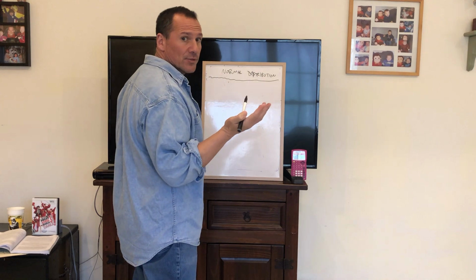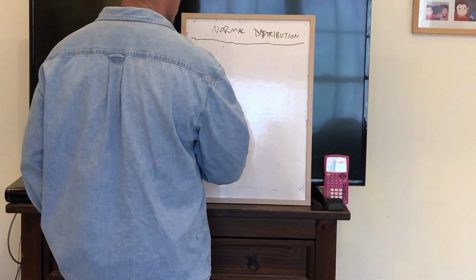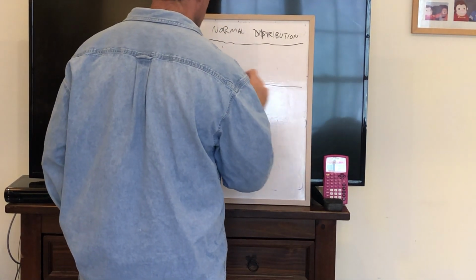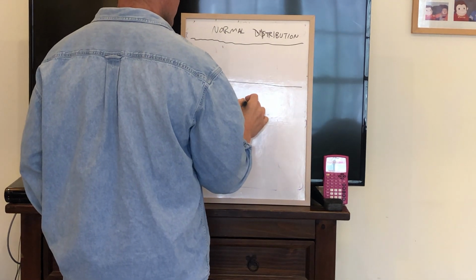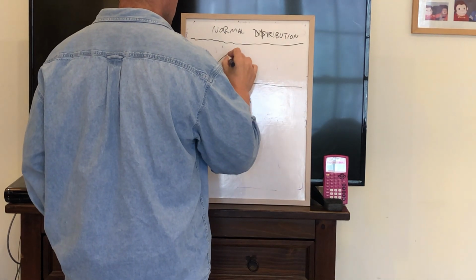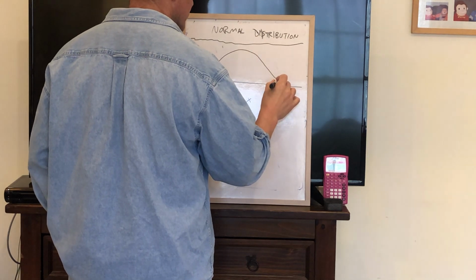Just like the distribution I put up there, the normal distribution is mathematically determined. It's got an x-axis. It has a particular shape to it.